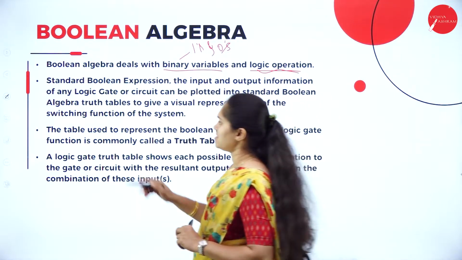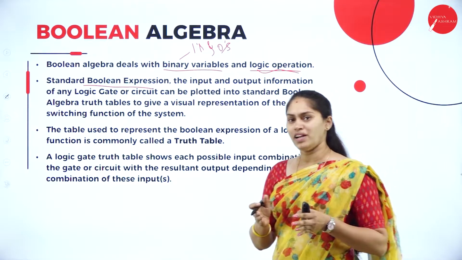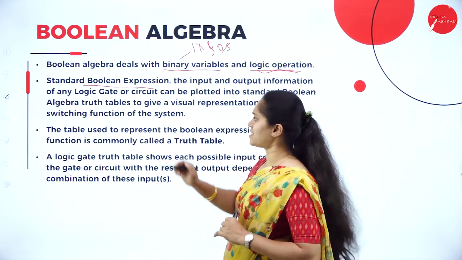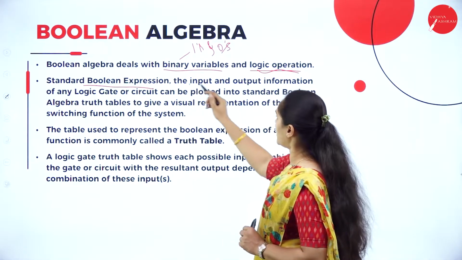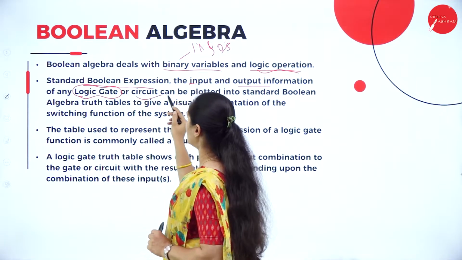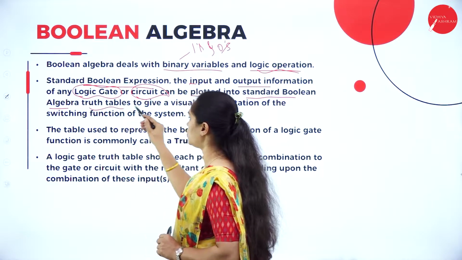If you consider a standard Boolean expression, what is it? A combination of operands as well as operators. So when we have that standard Boolean expression, the input and the output information of any logic gate or circuit can be plotted into a standard Boolean algebra truth table.